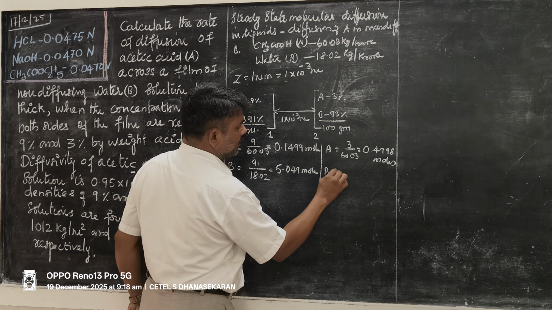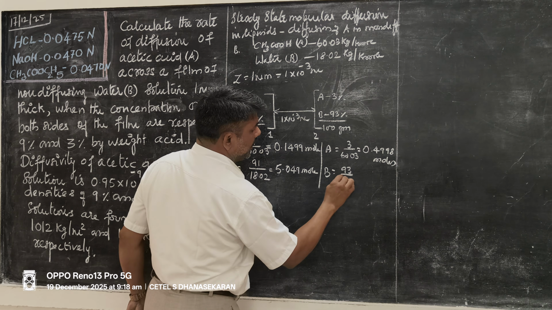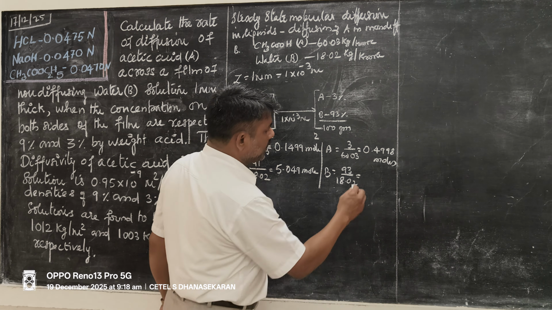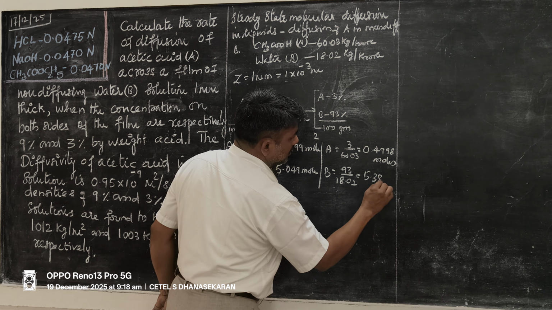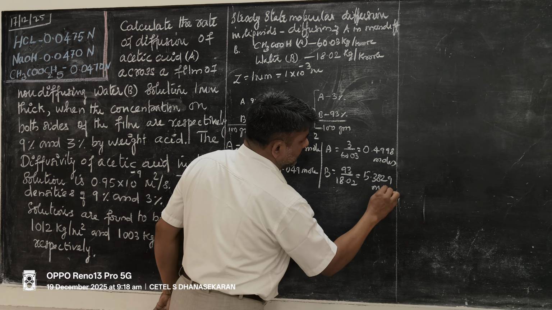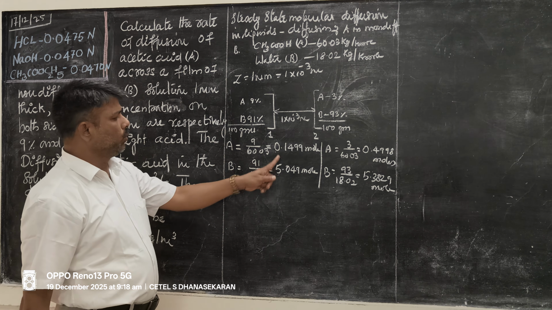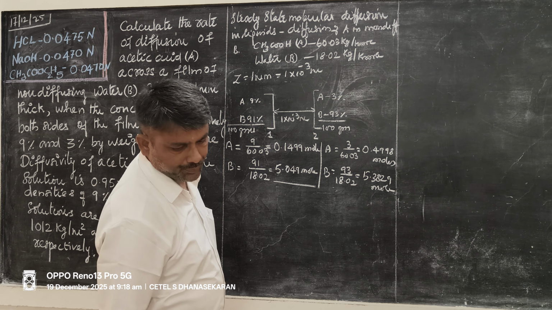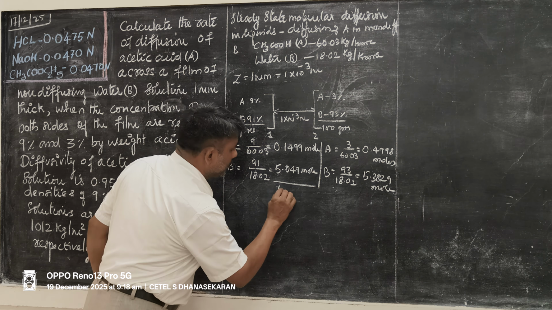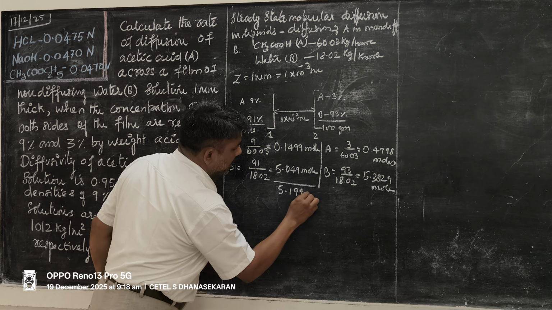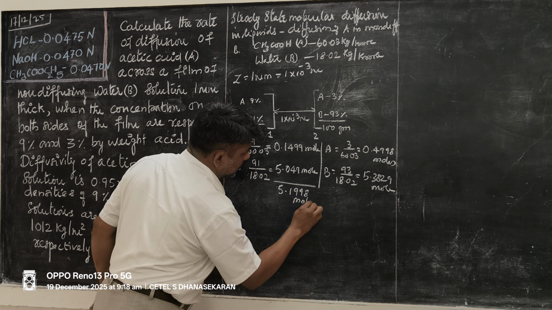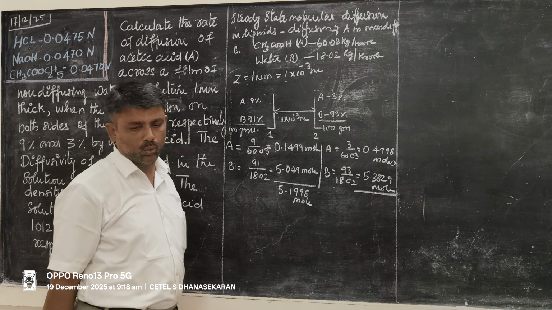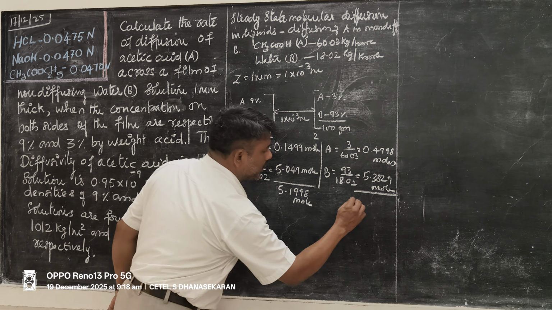Moles of B, 93 divided by 18.02, that means 5.3829 moles of B. So adding moles of A and moles of B, the total moles in region 1 is 5.1998. Similarly, total moles in region 2 is 5.4329.